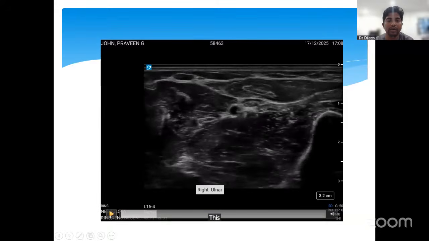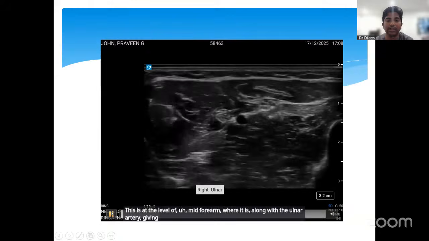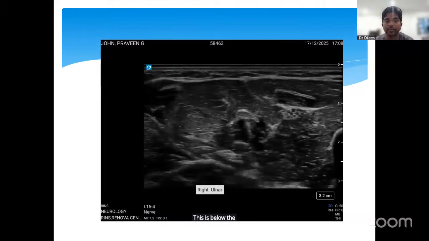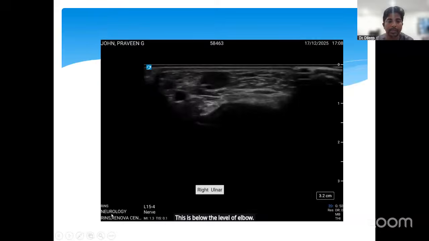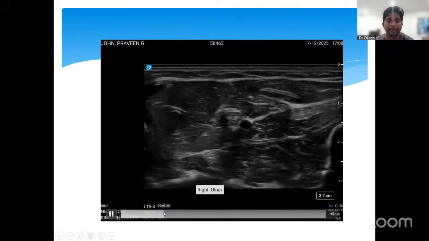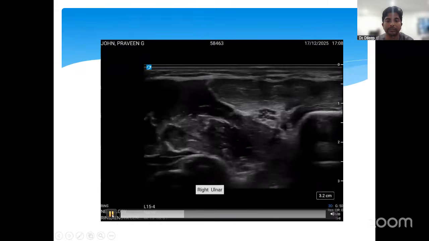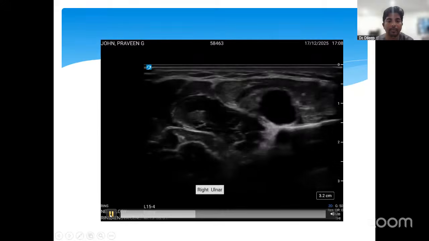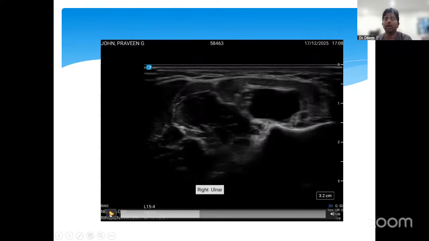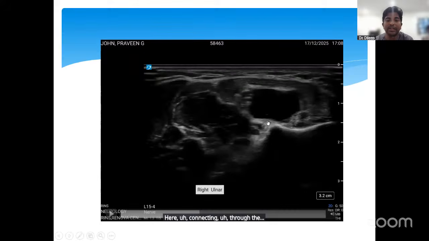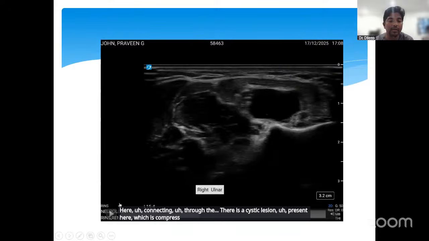This is at the level of mid forearm, where the ulnar nerve, along with the ulnar artery, gives branches to the dorsal ulnar cutaneous. This is below the level of elbow. Here, on entering through the cubital tunnel, there is a cystic lesion present, which is compressing the ulnar nerve.